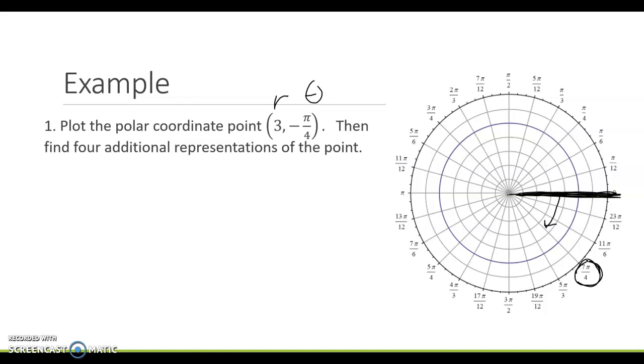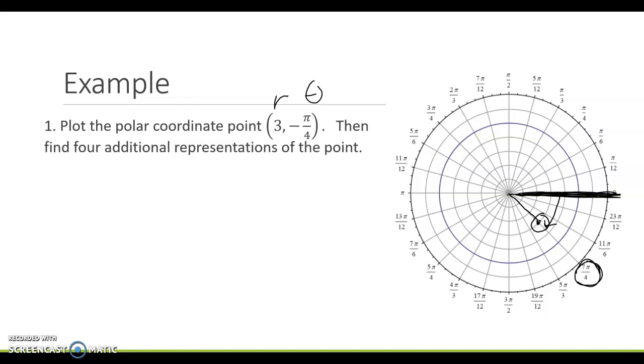Okay, and I'm going to go 3 circles out toward this 7 pi over 4 to plot my point. So there would be my point. Circle it there for you. So that's your point. In the book, they typically go ahead and put a line connecting out the point, but it is really just that point there. Okay, so that's my point (3, negative pi over 4).